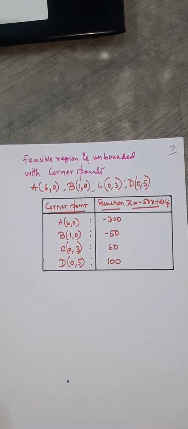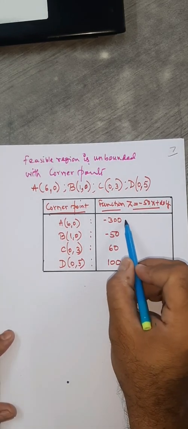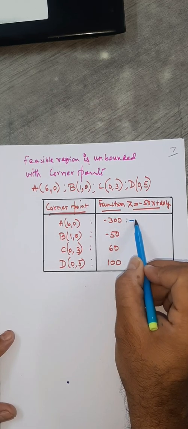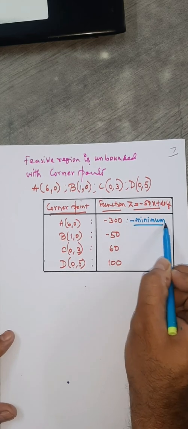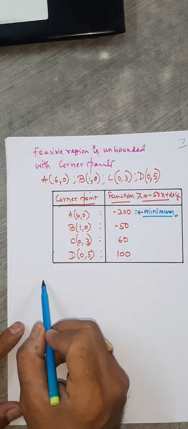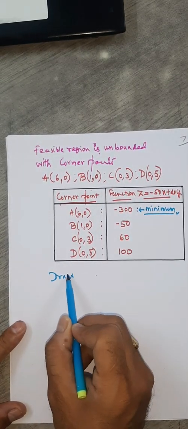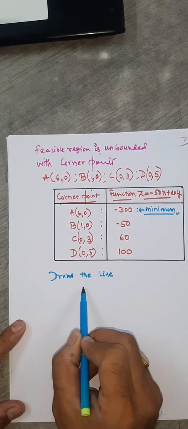Now after doing this, we need to do something extra because the region is unbounded here. You are asked to minimize the function. Now this is the minimum value, minus 300. What extra we need to do, always whenever you have an unbounded region, is draw the line. Which line?